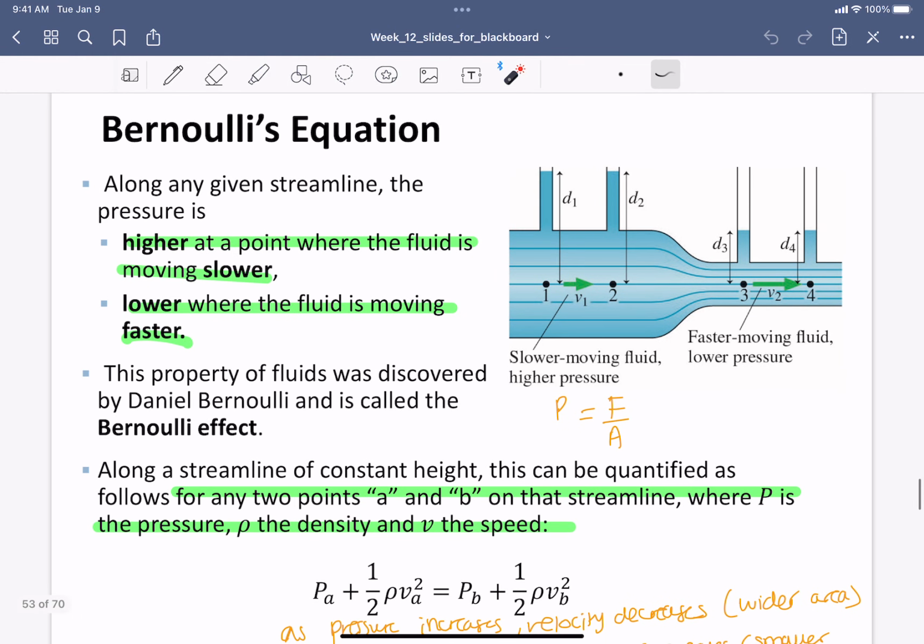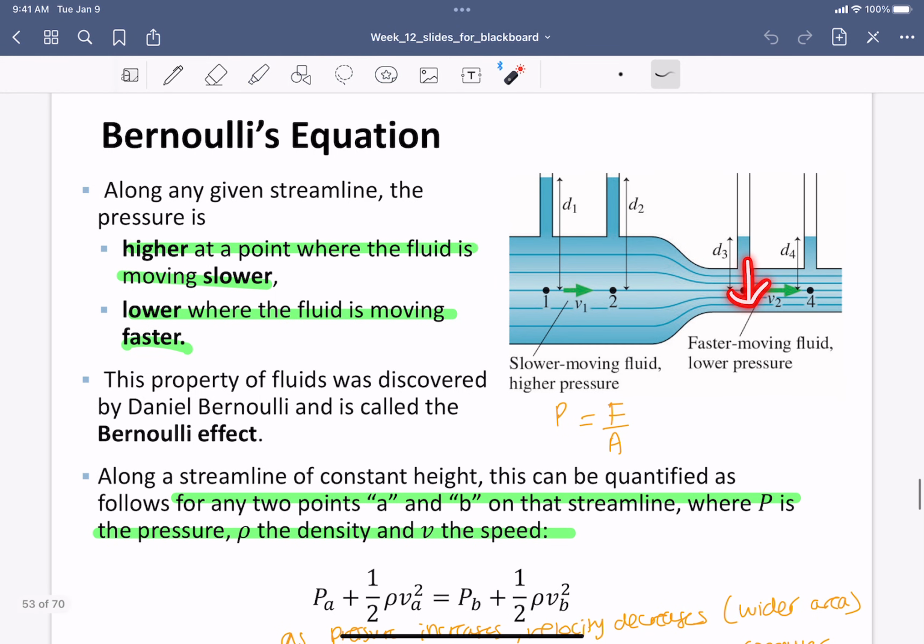So it would make sense that the pressure here is lower, because you're already traveling at a higher speed. I want to apply some higher pressure in this wider area to push the fluid through faster, right?